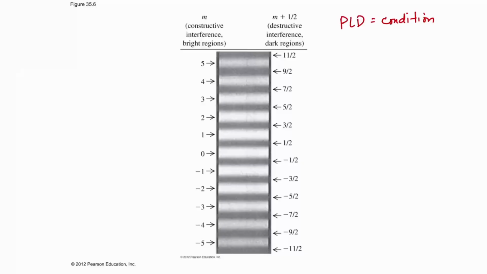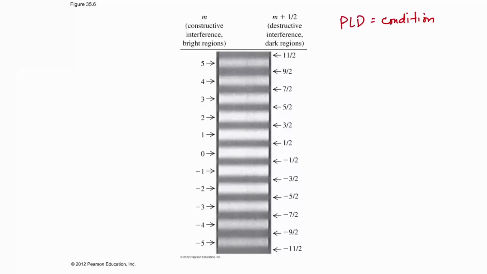And then there's going to be this condition. The conditions are where it gets tricky. They look the same for all the different types of interference, but their meanings can flip-flop depending on the situation.